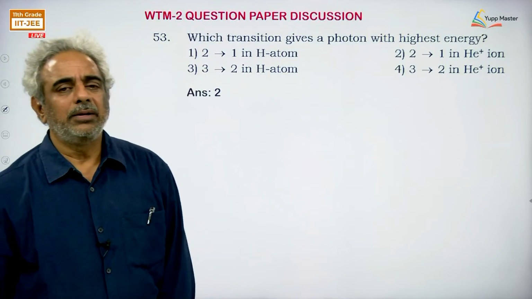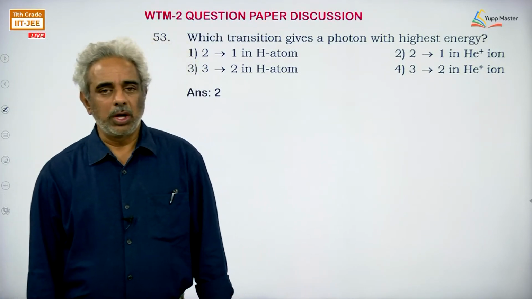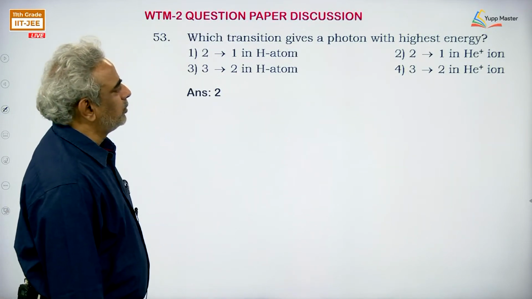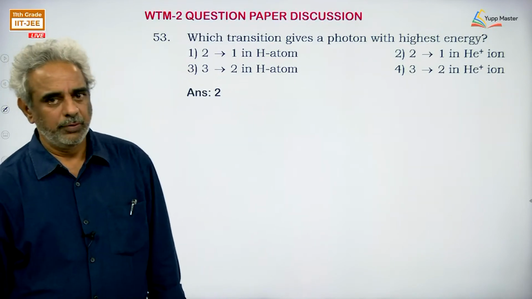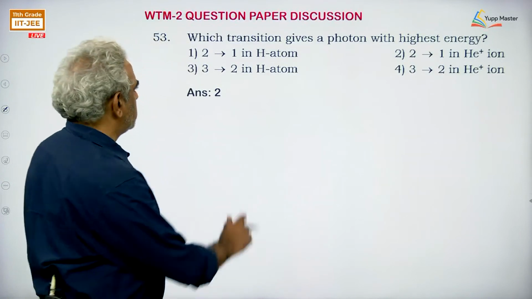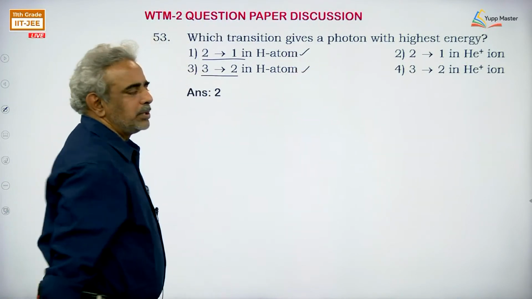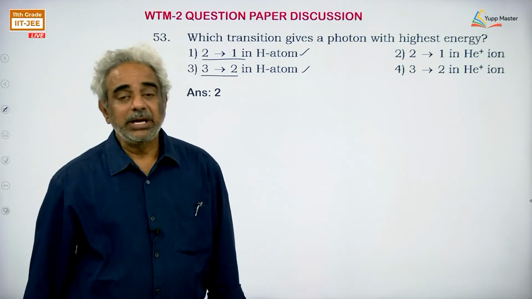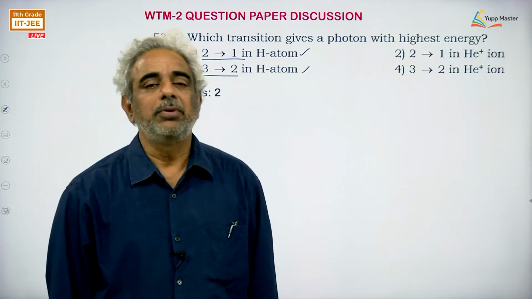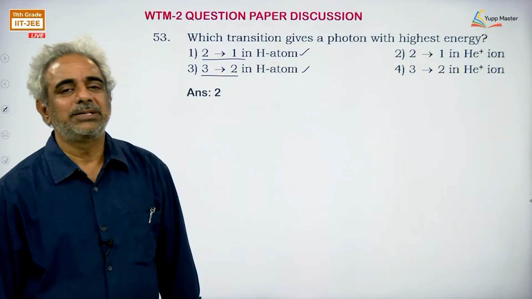This is yet another lovely observation about radiations, photons and all. See, transitions between 2 and 1. What is the question? Highest energy photon we want. In which case is the highest energy photon released? See, 2 to 1, 3 to 2, both in hydrogen only. Just now I explained, the energy gap decreases as you move away from the nucleus between two successive orbits. 2 to 1 gap is pretty high, 3 to 2 gap is less.